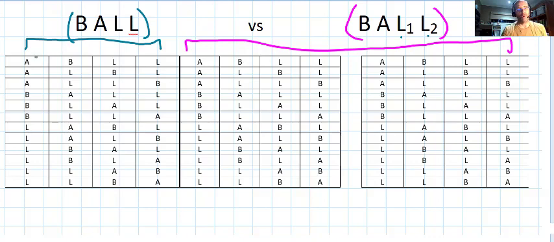Along each of the rows we can see different arrangements of the letters. Okay, so let's look at row 1.